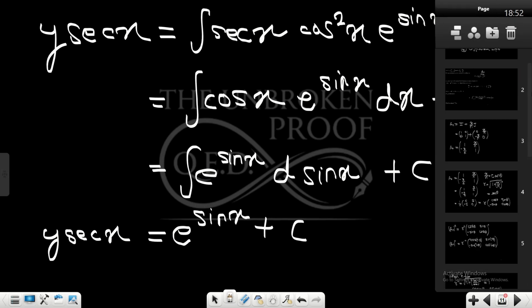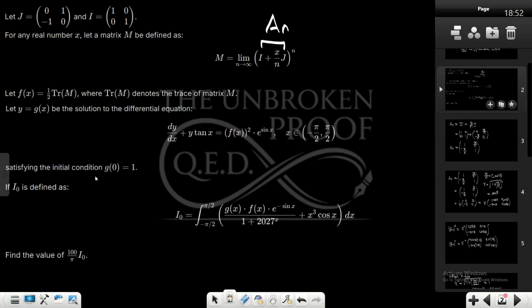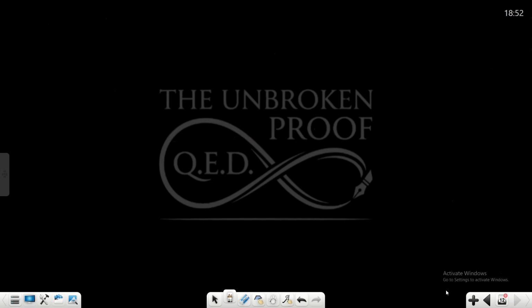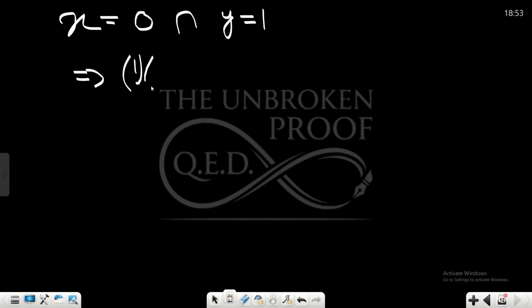Now if you see the initial condition, it says that g of 0 is 1, meaning if I substitute x as 0, then y should be 1. So if I keep x as 0 and y as 1, this implies y of secant x, which is 1 times secant 0, is also 1, and this should be equal to e power sin x.